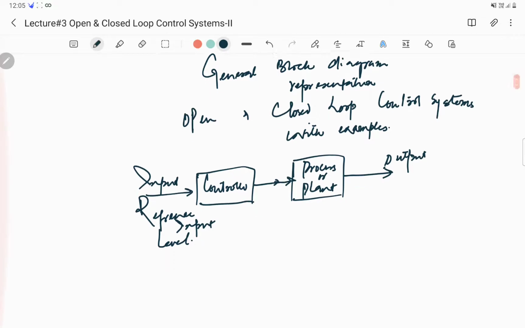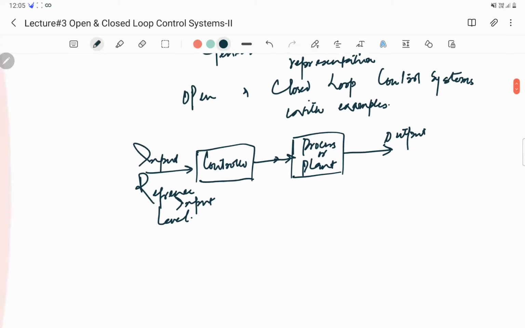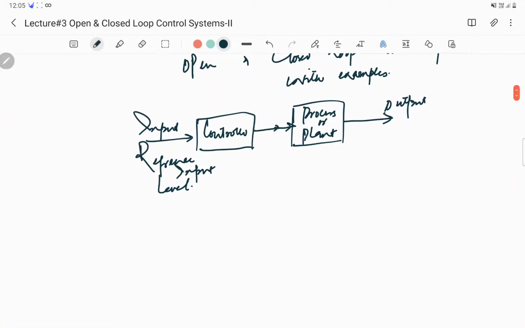So today we'll dig a bit deeper into the block diagrams. So the general form of this is the simplistic block diagram of an open loop control system.